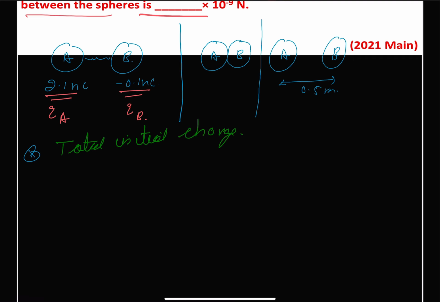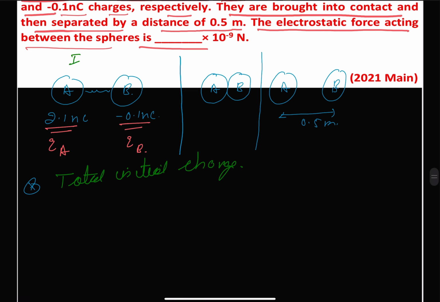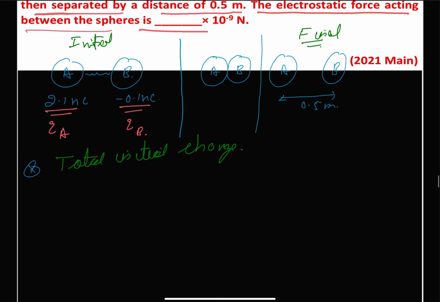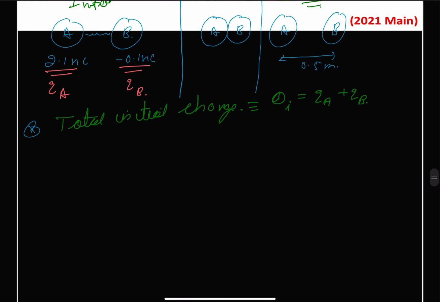So this is our initial condition and this is our final condition. So total initial charge, let us call this as Qi, will be equal to Qa plus Qb. So we get our Qi will be equal to 2.1 minus 0.1 nanocoulomb, giving us initial charge of 2 nanocoulomb.